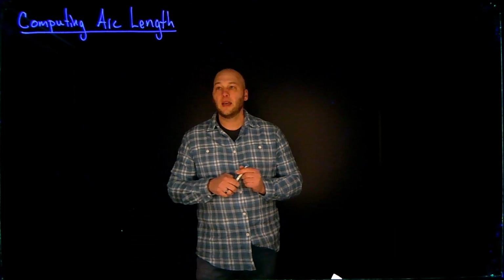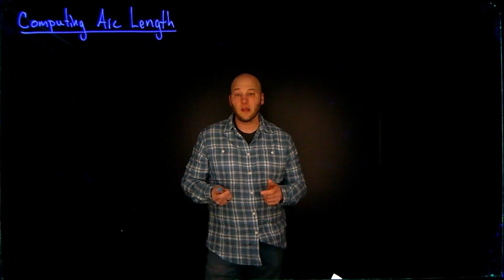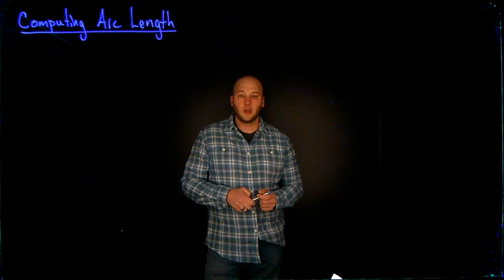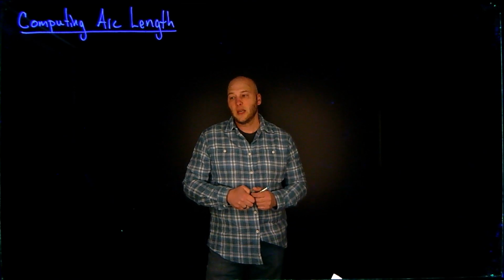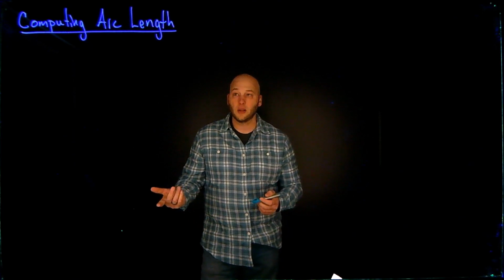I'm going to take a look at computing arc length, again in the setting of, say, a Calc 2 course. In a previous video, I showed you where the arc length formula came from.